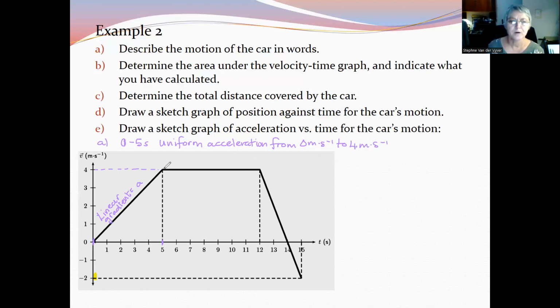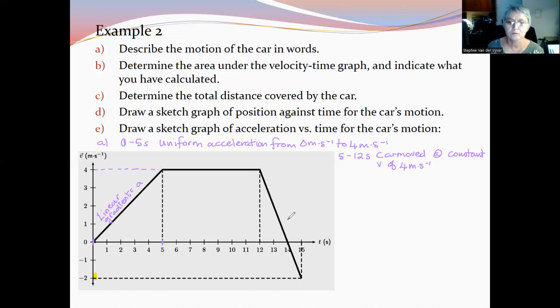Then from the 5-second mark to the 12-second mark, the car moved at constant velocity of 4 meters per second.